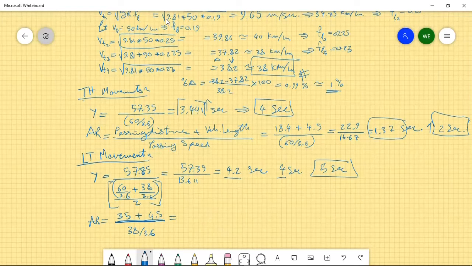So here the all red time will be 3.74, which is almost 4 seconds. These values, the yellow time and the all red times, are critical safety issues for intersections.